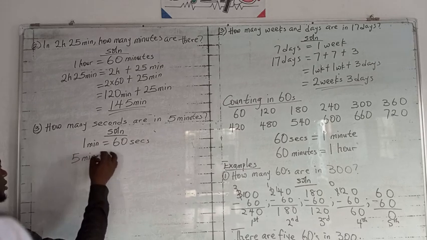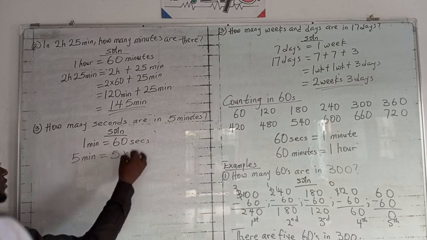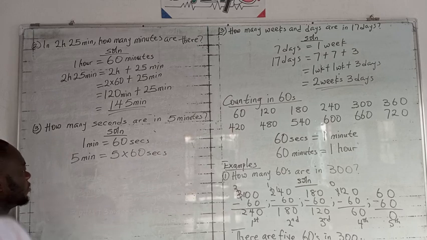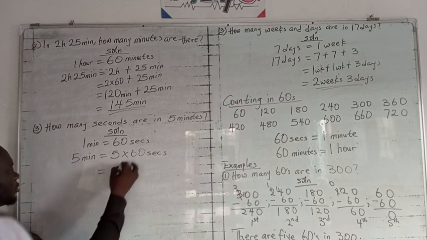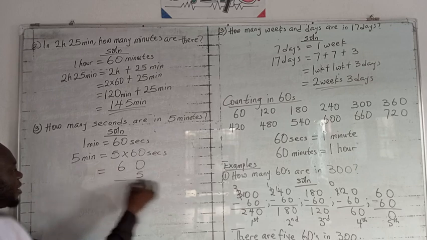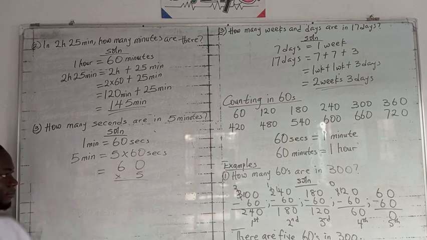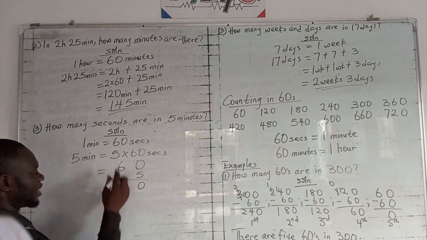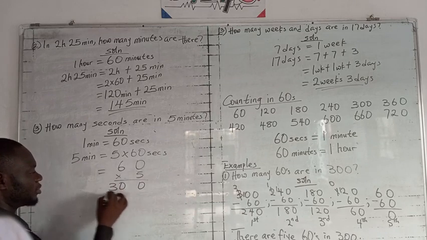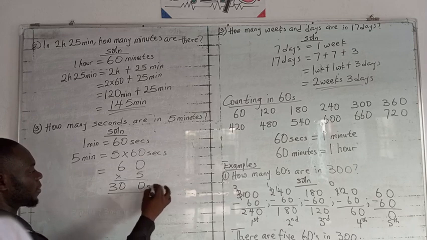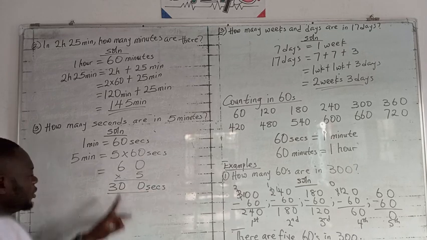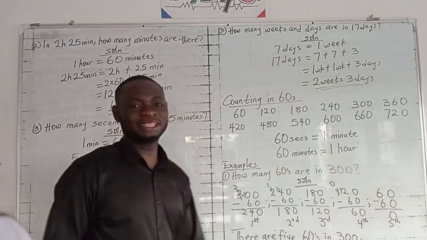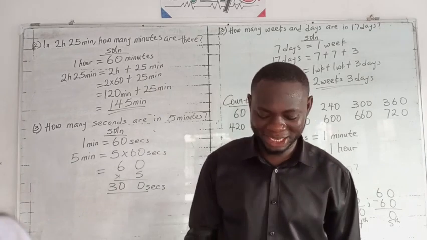So in 5 minutes, there will be 5 times 60 seconds. Right? Let's go. 60 times by 5. 5 times 0, 0. 5 times 6, 30. So there are what? 300 seconds in 5 minutes.